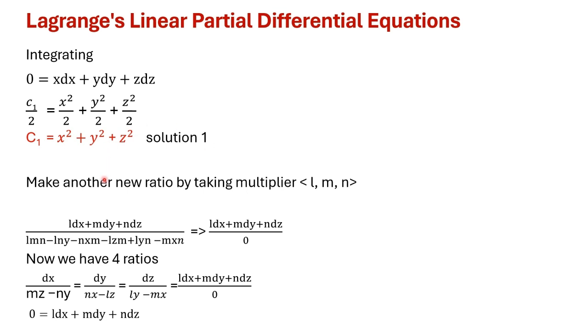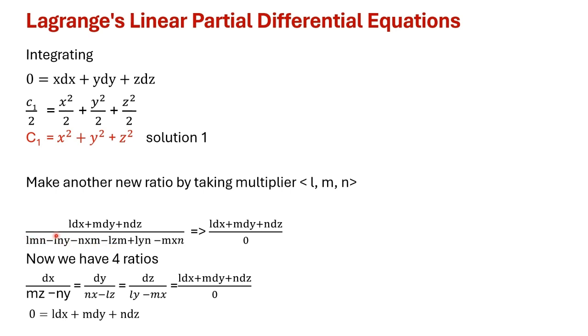Now we have to get another solution. For that we have to use a new multiplier. Now we will take it as l, m and n. So multiplying this with l becomes l dx, m dy plus n dz, divided by the denominator, which will become this when we multiply the denominator with this.